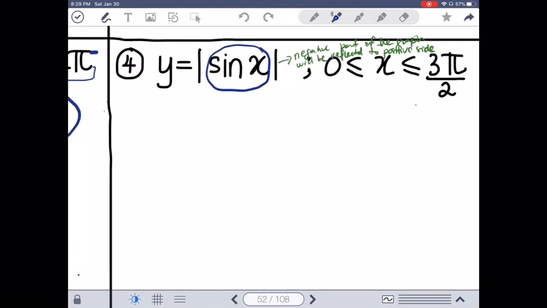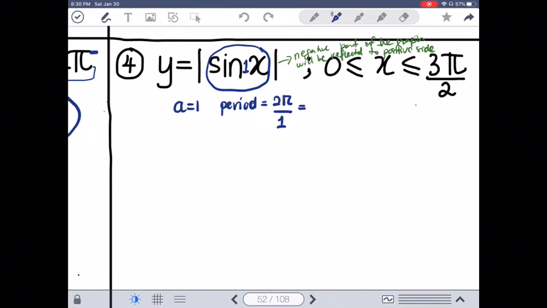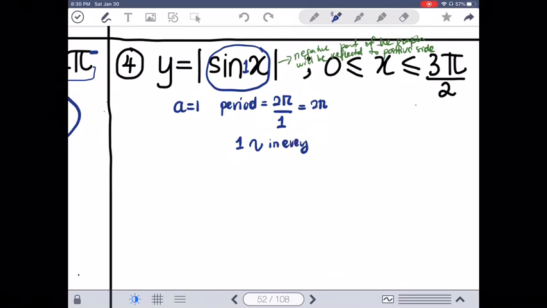So again, in this case, our a is equal to 1 and our period is equal to 2 pi over n, where n is the coefficient of x. In this case, it's just 1. So it becomes 2 pi. We have one cycle in every 2 pi, and there is no shift.